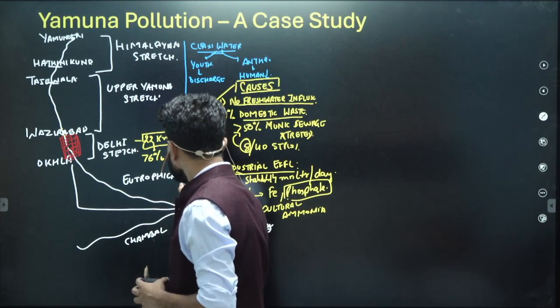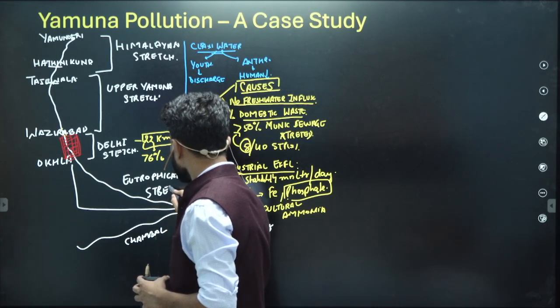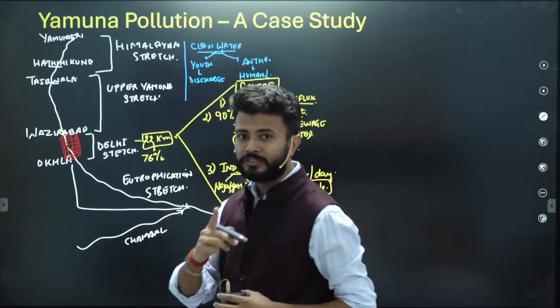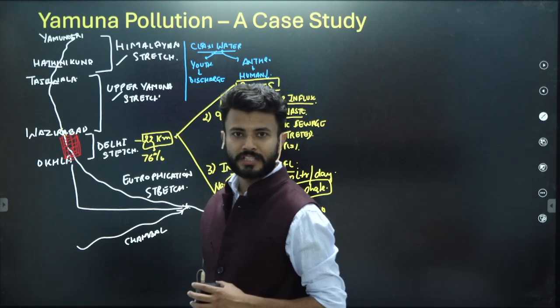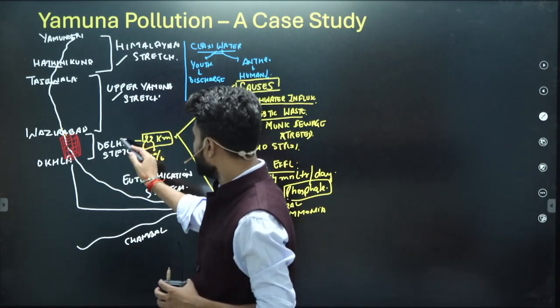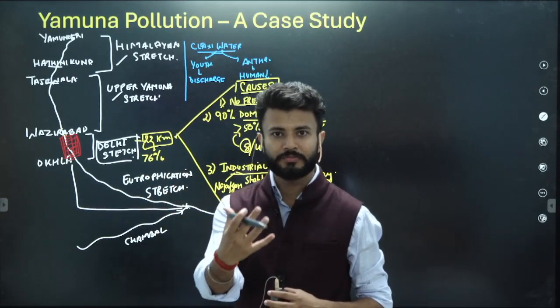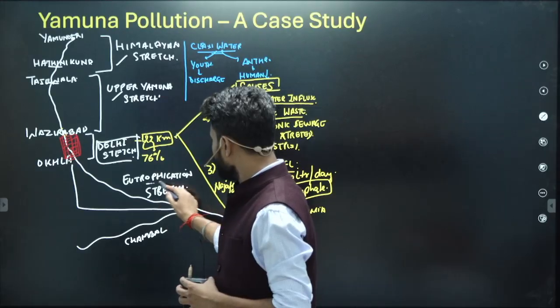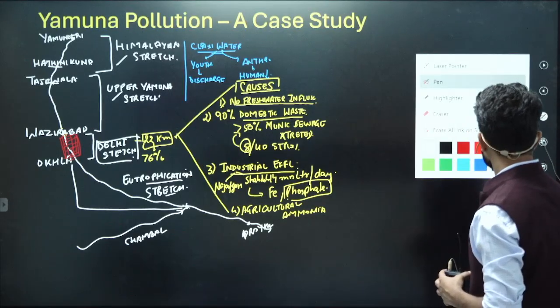The eutrophication stretch. Are you getting it? So there are important stretches. First was the Himalayan stretch. Then the Upper Yamuna stretch, where the river is relatively clean. Then the Delhi stretch, which was majorly responsible for the pollution. Then you have the eutrophication stretch, whereby the agricultural reasons are more dominant.